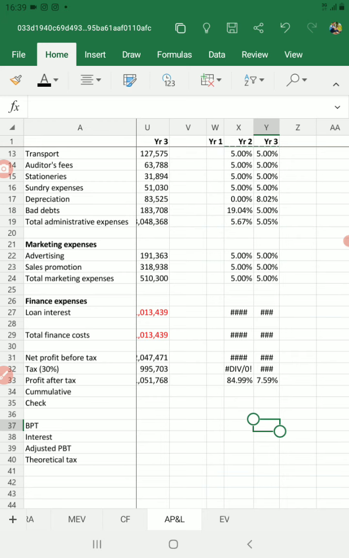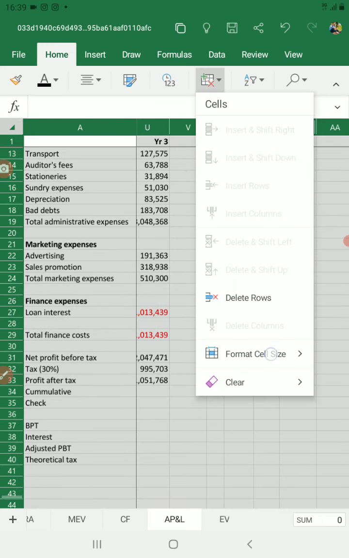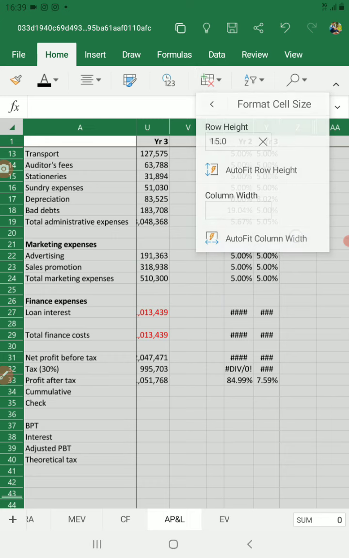So let me auto-fit the column width again.